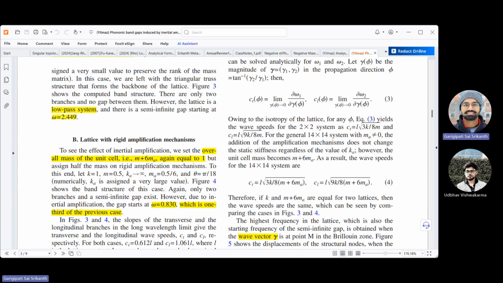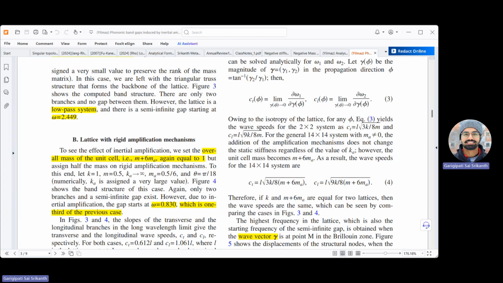Then we move to the next paper. I'm really just paper hopping. I'll show the next paper, and amazingly, even the next paper is by Yilmaz.